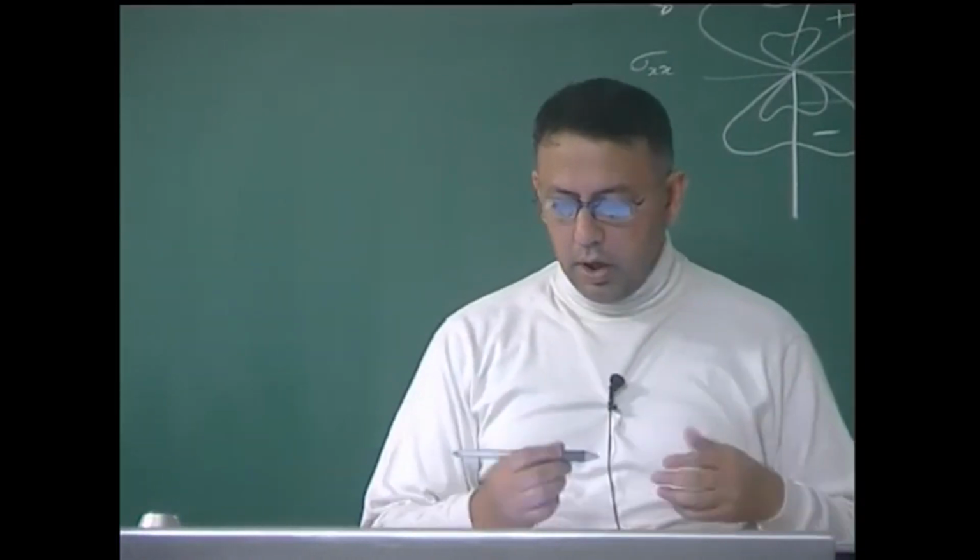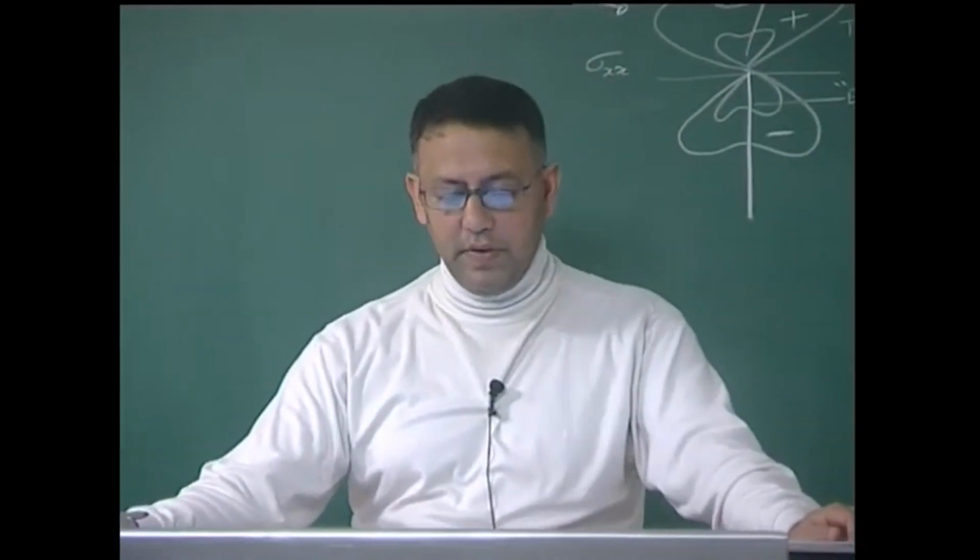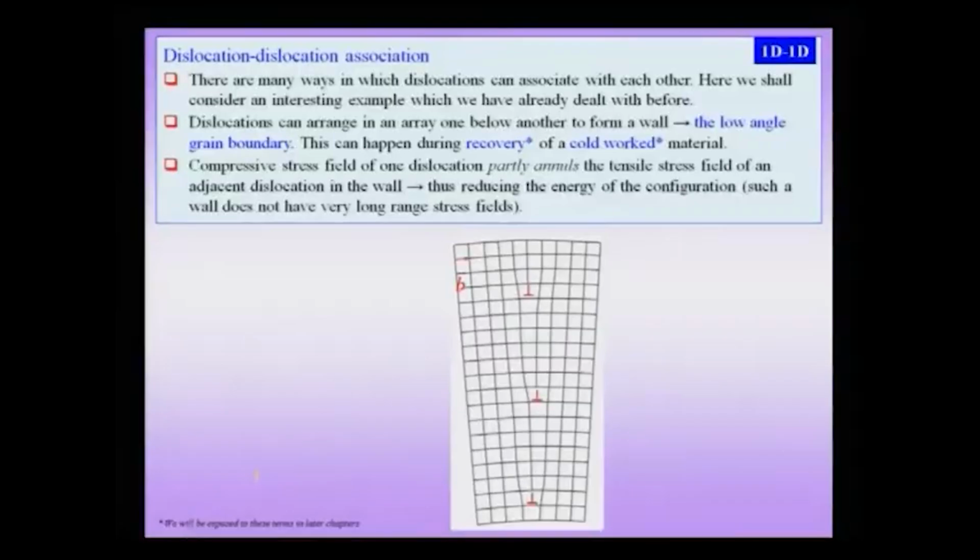Since we have already talked a lot about this example of a defect association, I will briefly just summarize this example which we have dealt with in detail before, that dislocations which are randomly present in a crystal can come together to form a low angle grain boundary as shown in this figure.